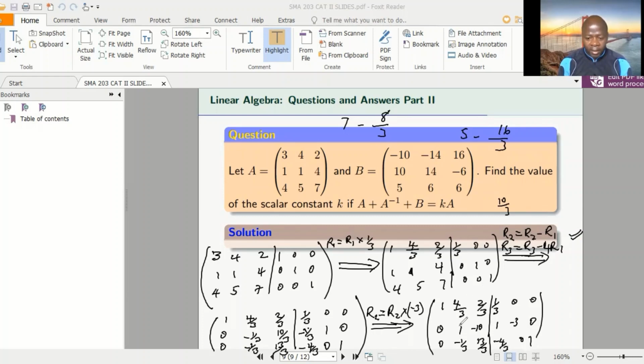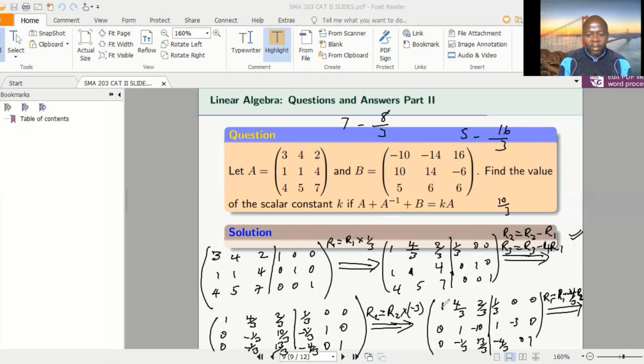Now, having created this one, I want to use it to get a 0 in row 1. So that means that the new row 1 can be achieved by the original row 1 minus 4 out of 3 of row 2. And I also need row 3 to get a 0 here, so that this one is the only non-zero element in its column.